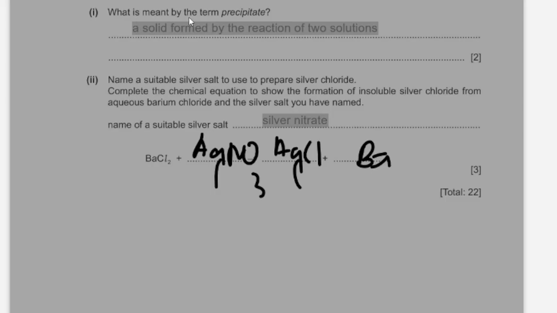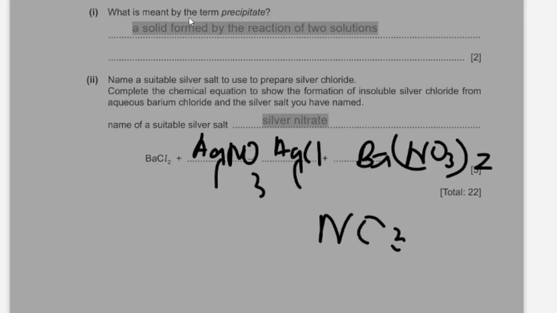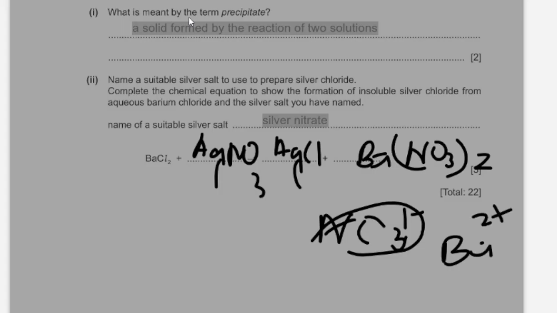And since barium has a charge of 2+, we're going to be having two nitrate ions because nitrate ion has a charge of -1 only. So we need two of these negative ions to cancel out the charge of one barium ion because it is 2+. So we had two chlorine atoms over here. Let's equate it on this side as well, so we would have two chlorine atoms.